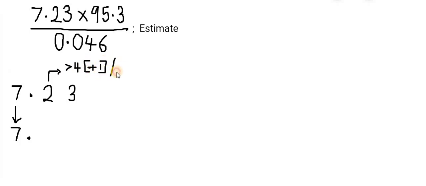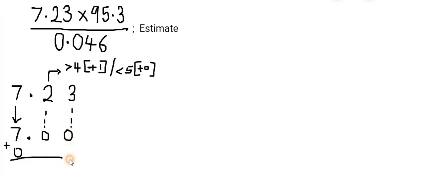And if it's less than 5, we add 0. 2 is less than 5, so we add 0 to the previous number, and we convert the remaining numbers to zeros. Complete our addition, 0.7. So, in that case, that's just 7.